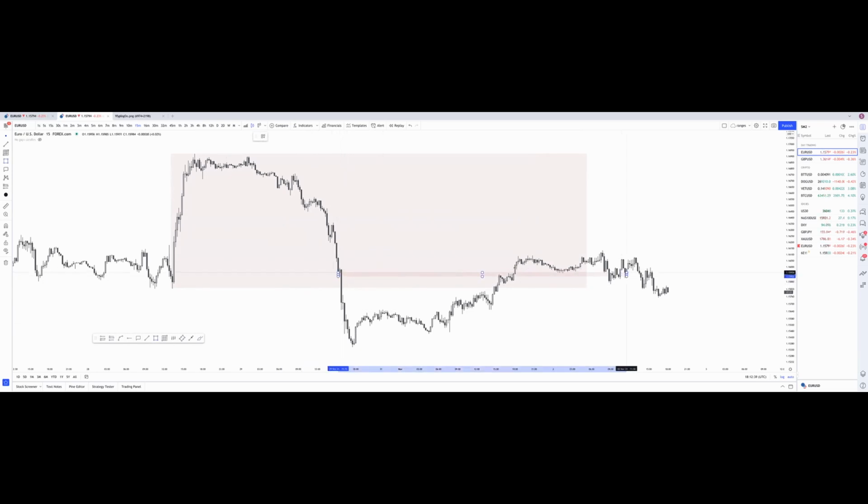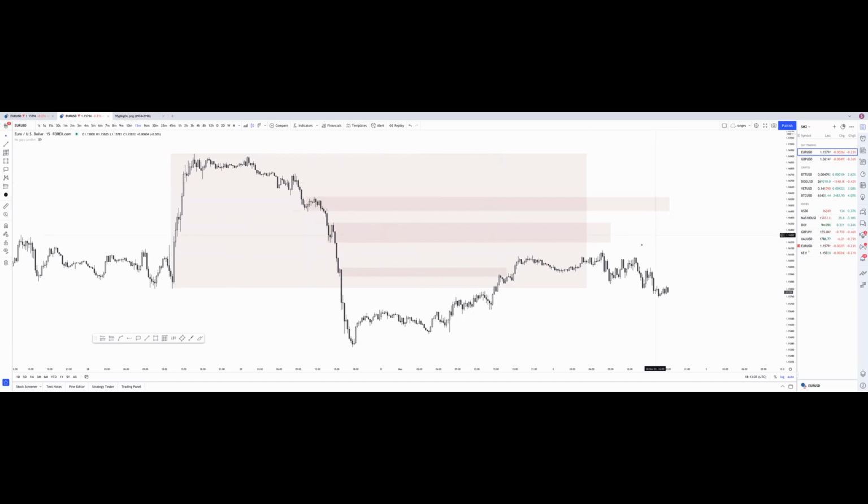Not that this is a good POI, but that's neither here nor there. Or something within here, these wicks, something like this. These are the areas that I'm going to be happy taking 1M or sub-1M entries on, because we're just seeing that bearish structure and now we're playing from a nice POI.